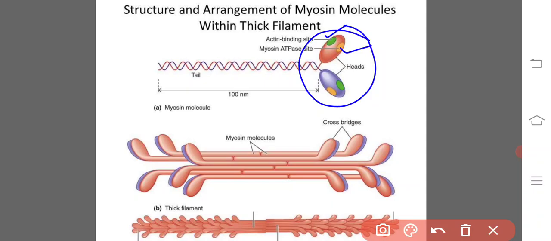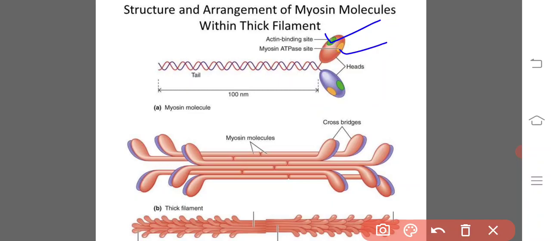Here we can observe the actin binding site on the myosin, an enzyme site called the myosin ATPase site, and also an ATP receptor site.